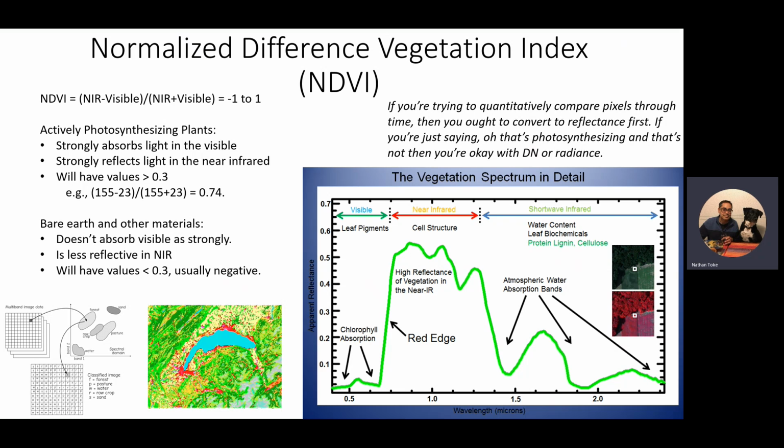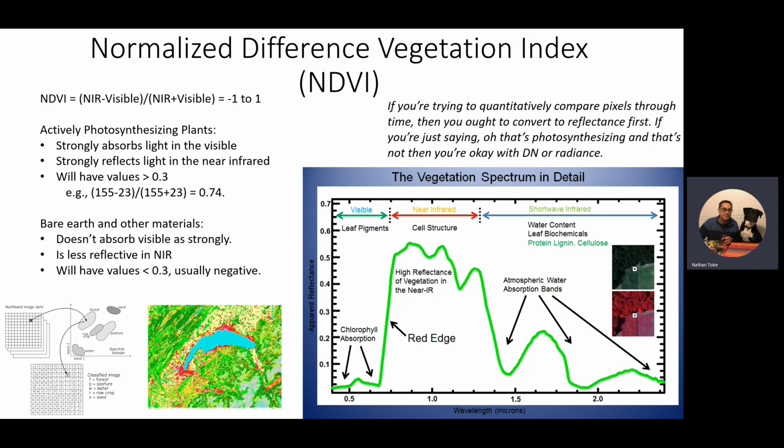Once we've processed things in an appropriate way, we can start to manipulate the signal to learn about specific things, if we know about how particular objects in the landscape reflect light. So one common thing that's very powerful and maybe a first thing that somebody would learn about in remote sensing is a vegetation index, such as normalized difference vegetation index or NDVI.